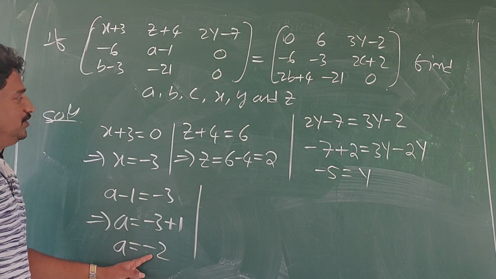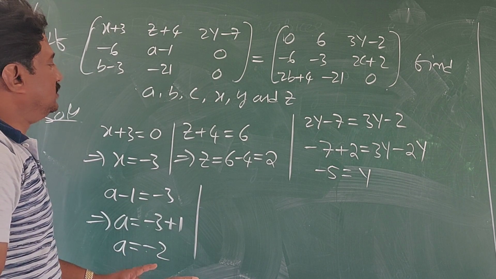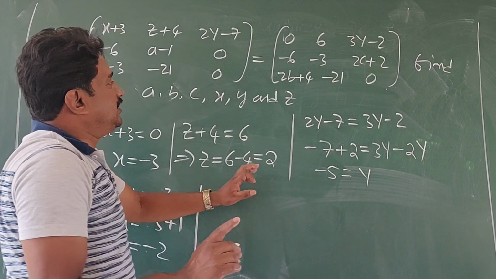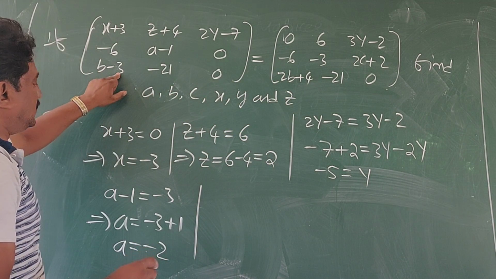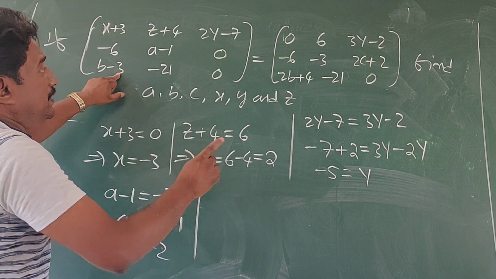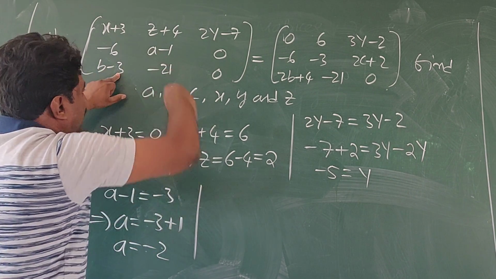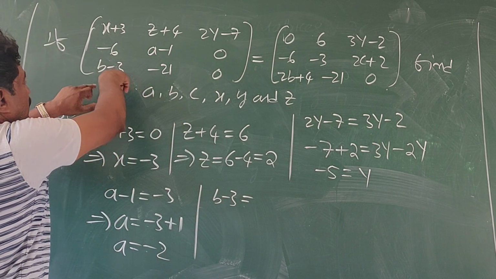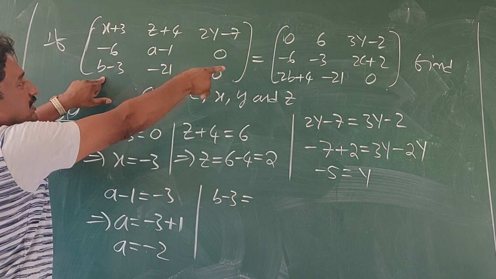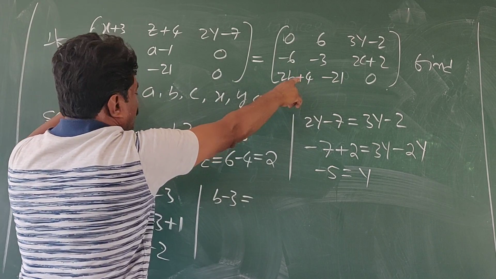We got the a value. Now let's think of b. You find out where that b is in the matrix. We have b minus 3 here. In the place of b minus 3 in the second matrix, we have 2b plus 4.